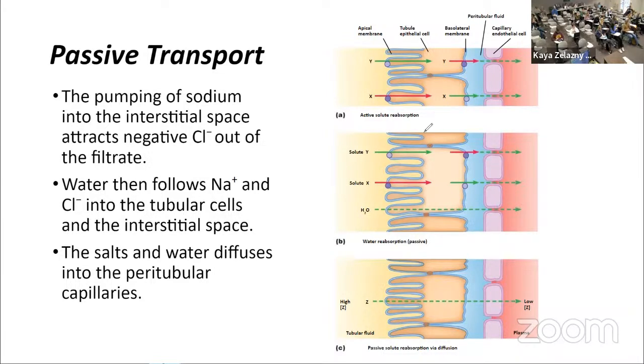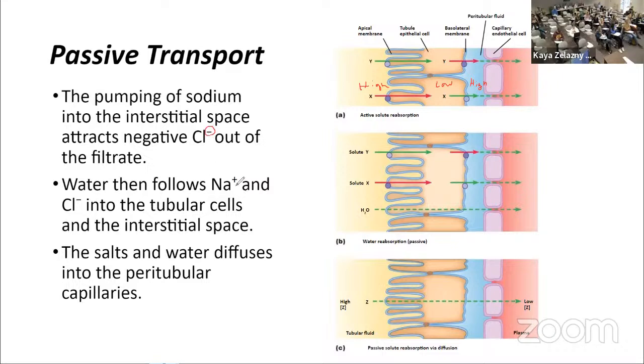So once we have sodium in this interstitial space, right? So we had low sodium overall here. We had high sodium here. We had relatively high sodium here in the space where we were pumping. All right. This is going to just attract chloride ions along with them.